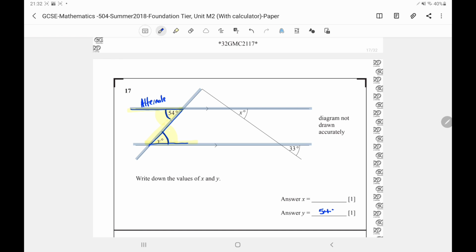Now what about the X? Well, you're still in between two parallel lines. So this is the line that's going through the parallel lines. Now if you imagine taking this angle and then just shifting it up to here, the two angles will overlap each other.